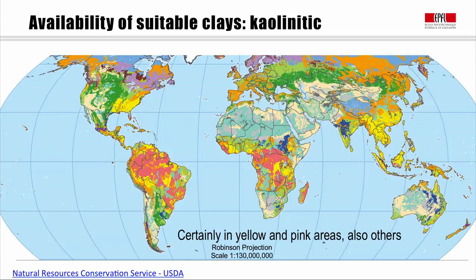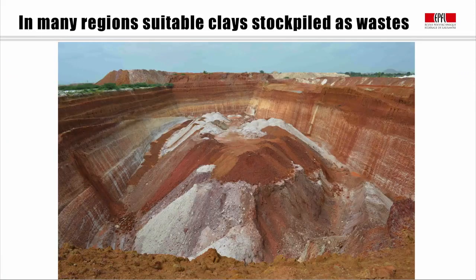These are just the countries in the equatorial subtropical regions where the growth in demand for cement is strongest. And in many of these countries, what we can find is that the suitable clays are currently stockpiled as waste. So this picture comes from a quarry in India.